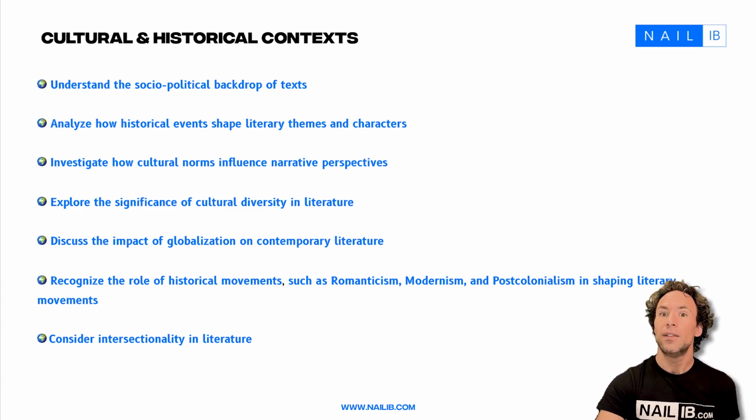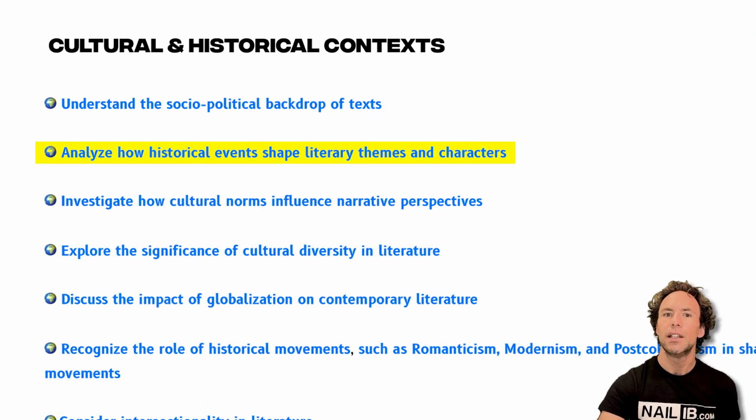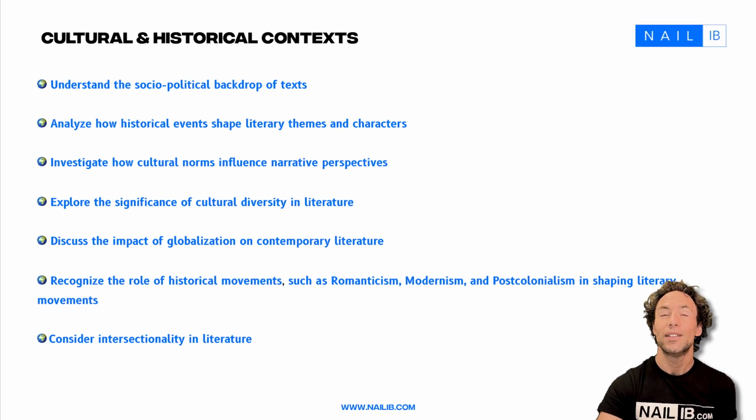The second objective is closely linked: how historical events shape the literary themes and characters. So we'll consider how historical events, going way back, influenced the experiences and perspectives of individuals. And this is not just the author writing, it's also you, the readers, and me as a teacher. How do other events we're exposed to influence our perspectives on the text?